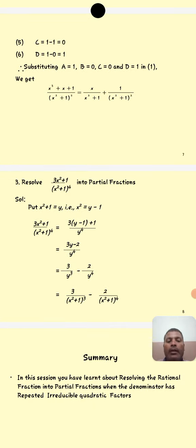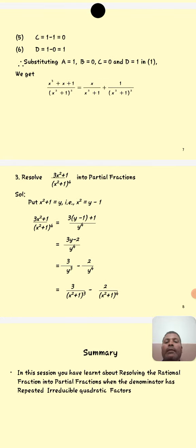Number 3: resolve (3x square plus 1) divided by (x square plus 1) to the power of 4 into partial fractions. Before going to the partial fraction format, there is an easy way to solve this. The method is to put x square plus 1 equal to y, that is, x square is equal to y minus 1. So (3x square plus 1) divided by (x square plus 1) to the power of 4 becomes, in the place of x square, y minus 1: 3 into (y minus 1) plus 1, and x square plus 1 is equal to y, so y to the power of 4.